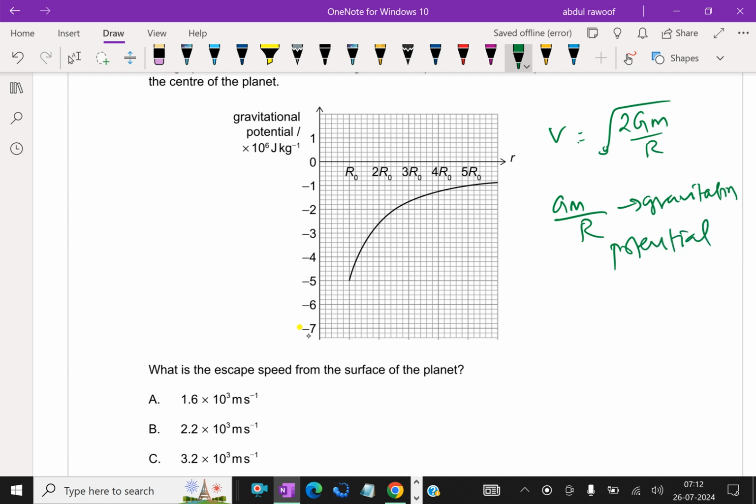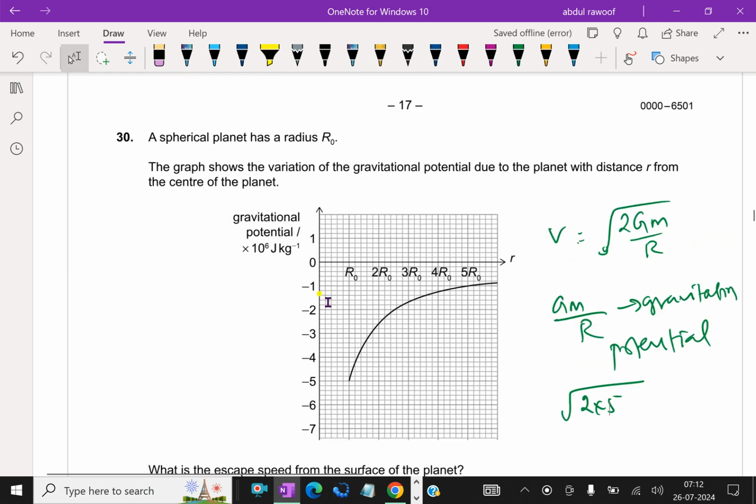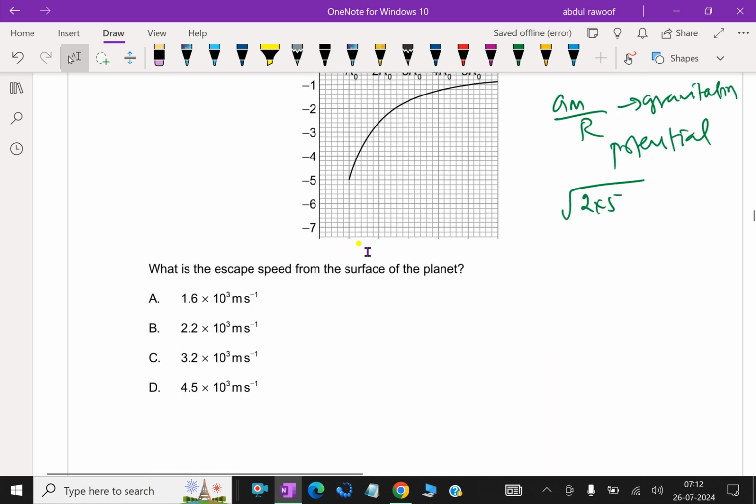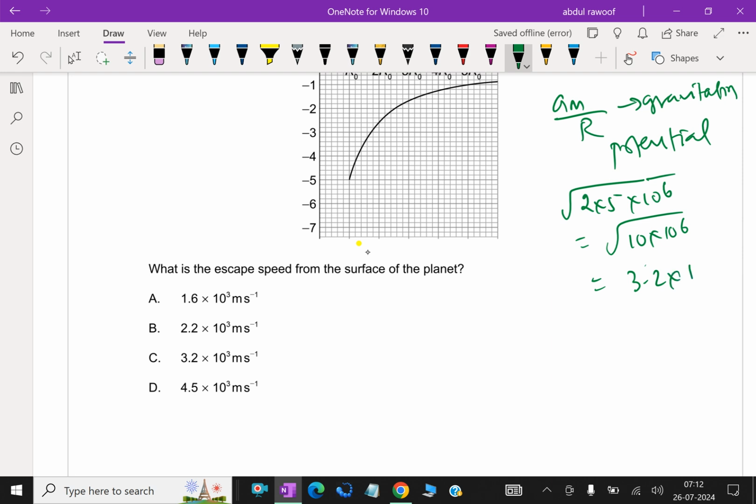Therefore, here we have 2 into 5, for R0, 2 into 5 into 10 raised to 6, given in the graph. So it is equal to the square root of 10 into 10 power 6, because the square root of 10 is approximately 3.2, into 10 power 3, because the square root of 10 power 6 is 10 power 3. So option is C.